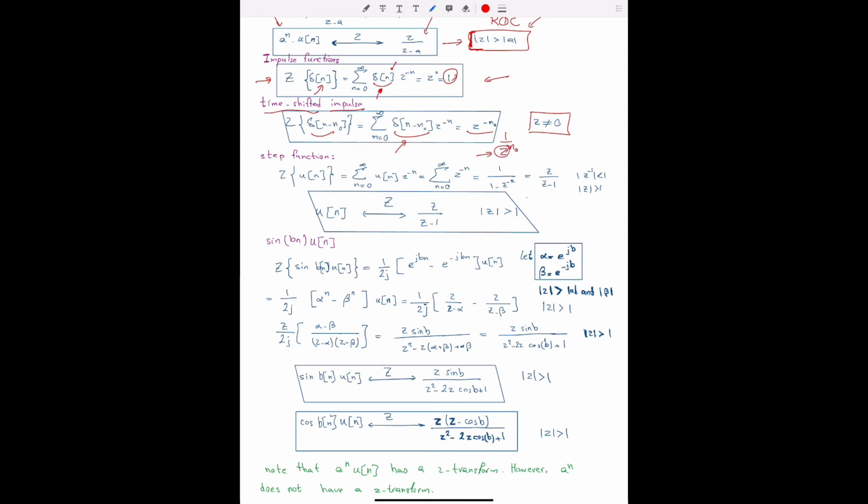That's the one point where the Z transform does not converge. So for the impulse function, it covers all the z points, but for a time-shifted impulse function, it's all the z points but not zero.